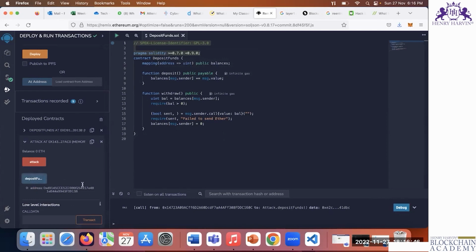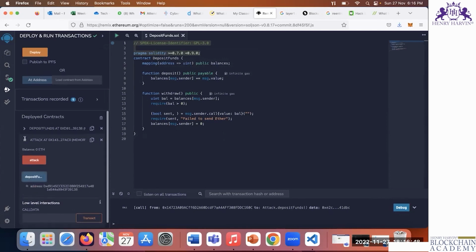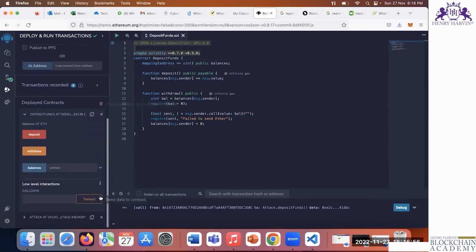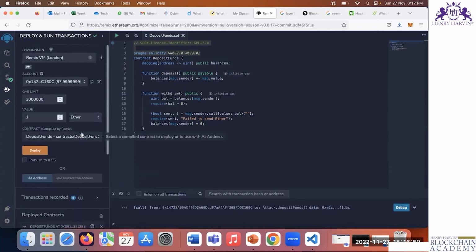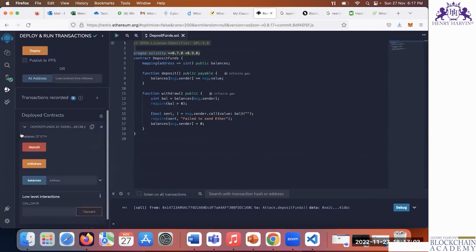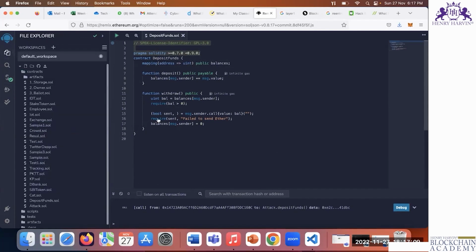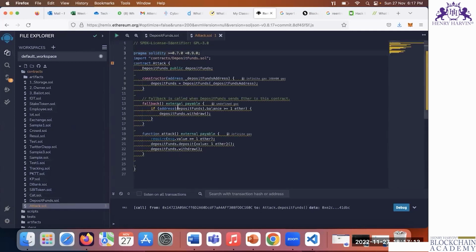Okay, he deposited one Ethereum. Now the balance of this smart contract will be 38. Oh, okay, it is not deposited. The attacker is calling the deposit function from here.